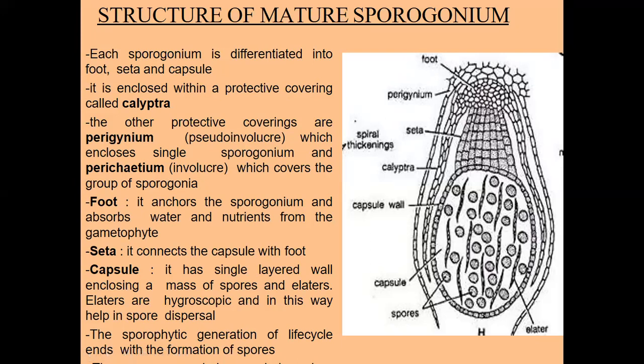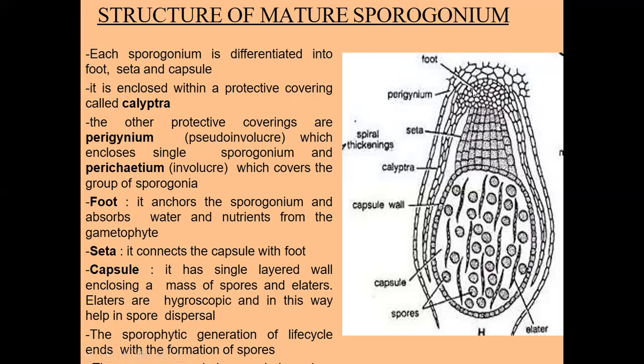By this we can say that the sporophyte in bryophytes is dependent. The sporophyte depends on the gametophyte for getting the food material. So the foot is the region which absorbs the food from the gametophytic tissue.